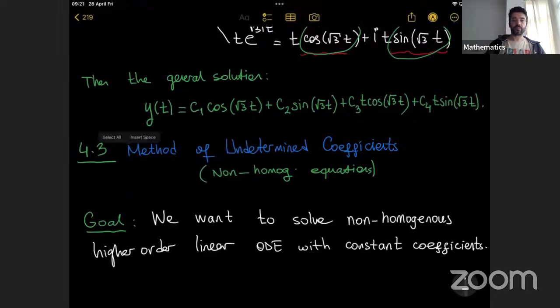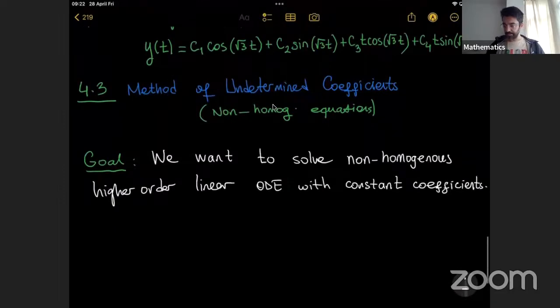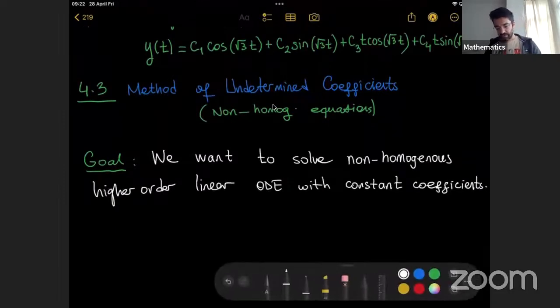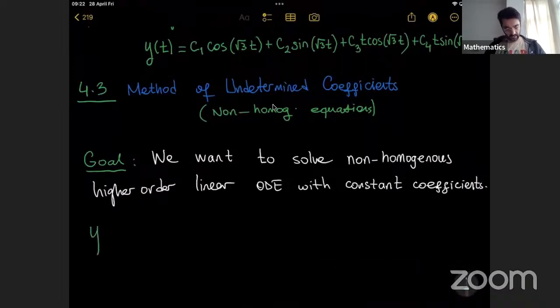Okay. Let's take such an equation. Let's say we have the nth derivative of y plus a1 times the (n-1)th derivative of y, and so on, plus an y is equal to, earlier we had this equal to 0.